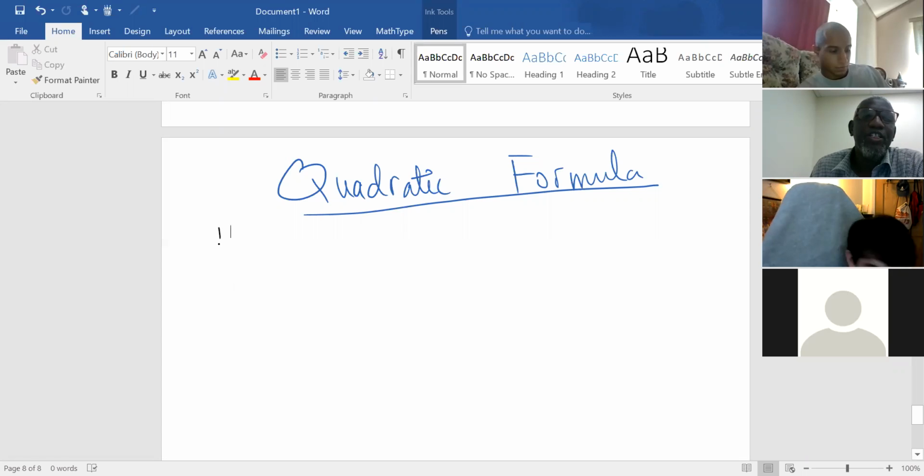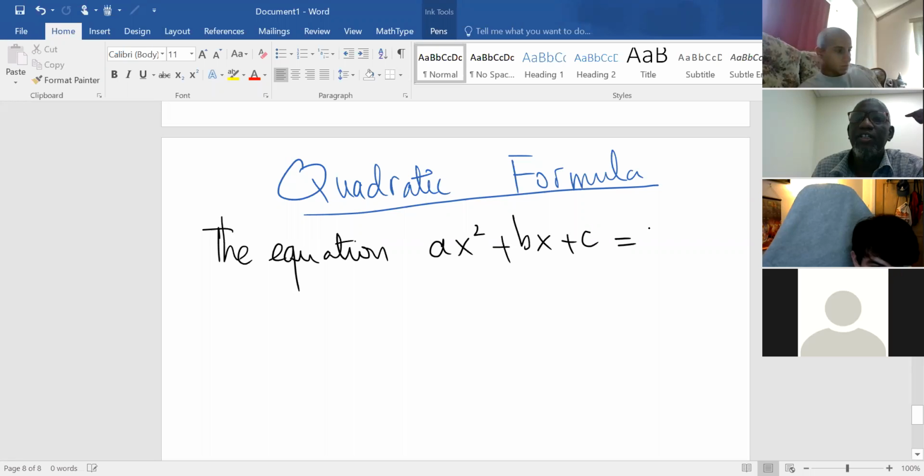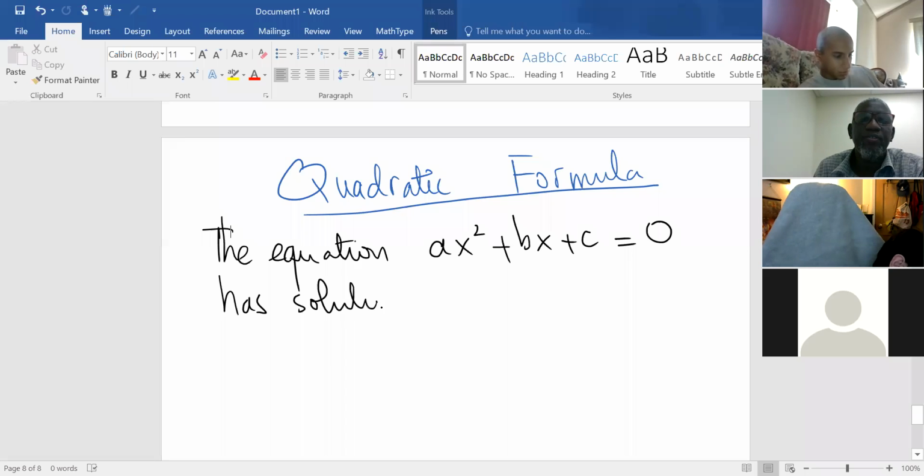This formula is meant for memorizing. You have to memorize it. The equation ax squared plus bx plus c equals 0 has solutions, or roots.